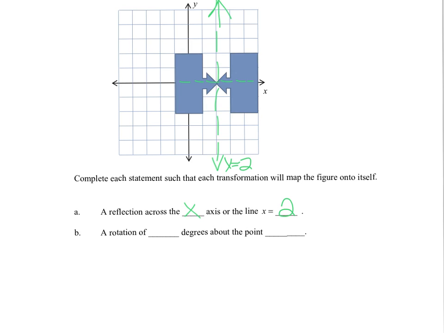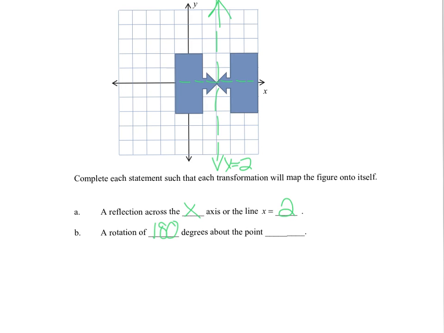Finally, we talk about a rotation. And if we're going to get the figure to map on itself, we almost certainly know that we're going to have to rotate it 180 degrees. So it's hard to visualize this with what I'm using, but you can kind of see that if I take this figure and rotate it 180 degrees, I'd have my arrow here in the big box, and then I rotate it again, I'm going to have it mapping onto this one, and vice versa with the other one.